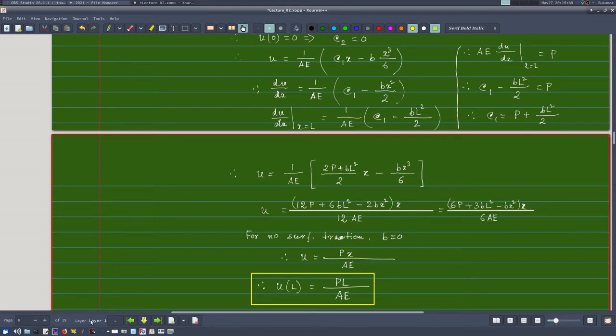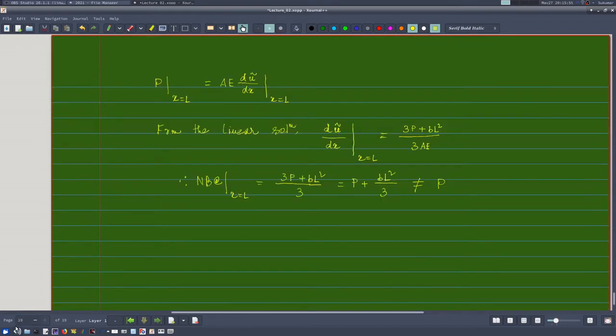Please try to find out what will be the solution for a quadratic equation, and I will solve it for your benefit, assuming a cubic solution, just to see that it fulfills the actual boundary conditions.